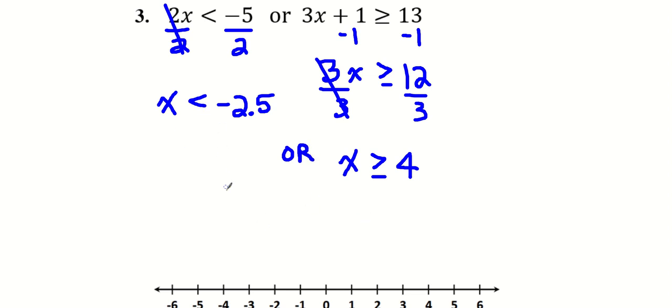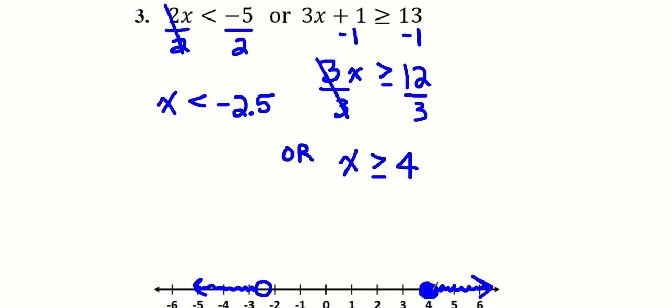So less than -2.5. That's an open circle going that way. Or greater than or equal to 4. Yeah, so, wow, look at that. Look what the graphs look like.